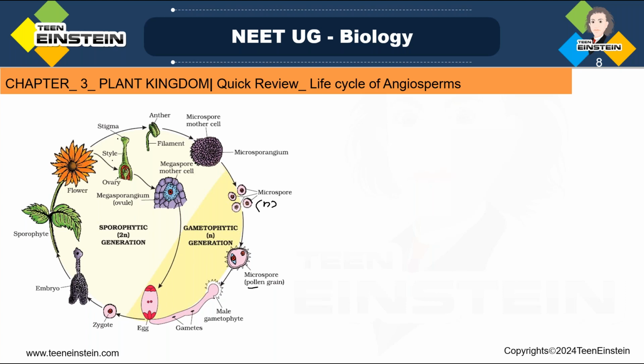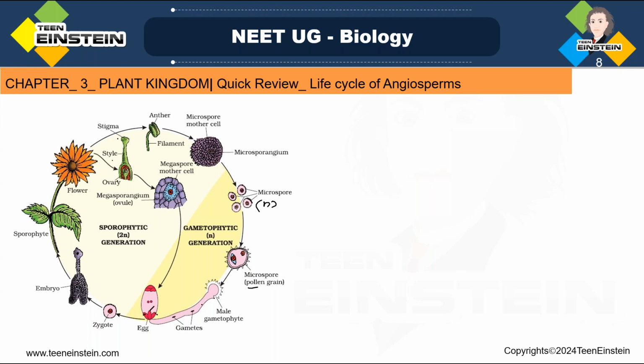Inside the ovary you can see the megasporangium or ovule, and here you can see the structure, right? That megaspore mother cell, how it is giving rise to the egg and synergids. The middle one is the egg cell, and supporting it on the sides you can see the synergids.